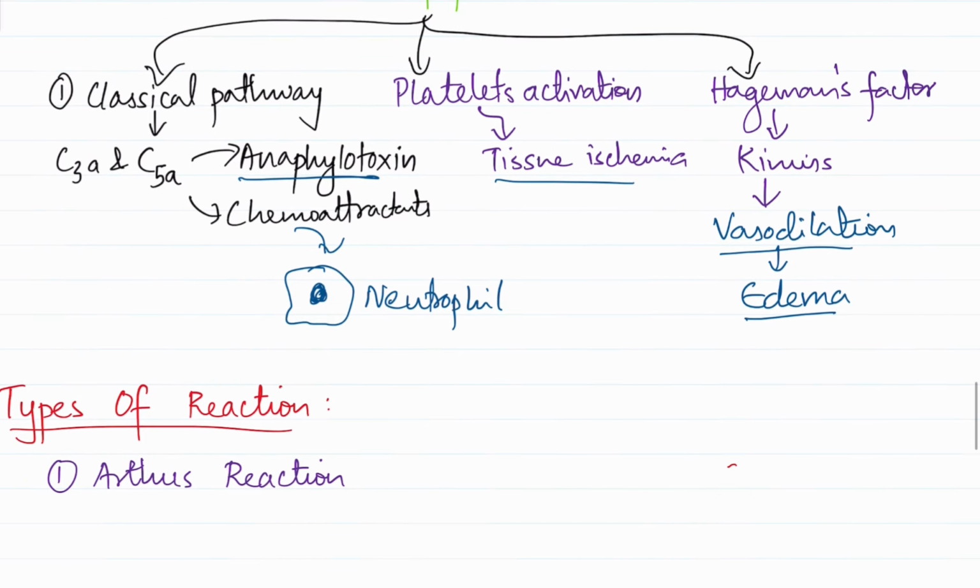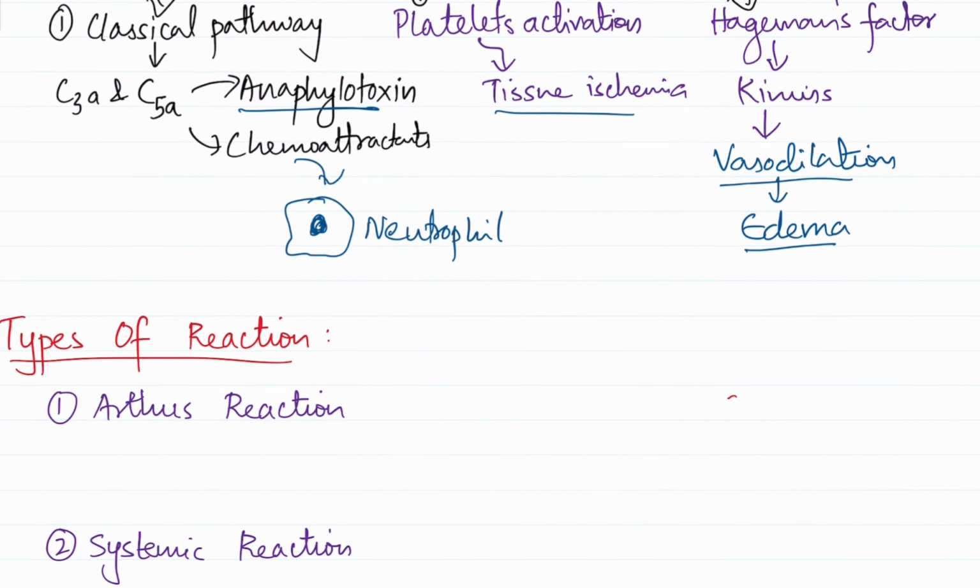Now, two types of reactions are there. As I have said, when antibodies are in excess, insoluble complexes are formed, right? These complexes do not have the tendency to travel through the blood and form a systemic reaction. Rather, they produce a localized reaction. Such localized type 3 reactions are what we call Arthus reactions. By definition, it is a localized area of tissue necrosis due to vasculitis.